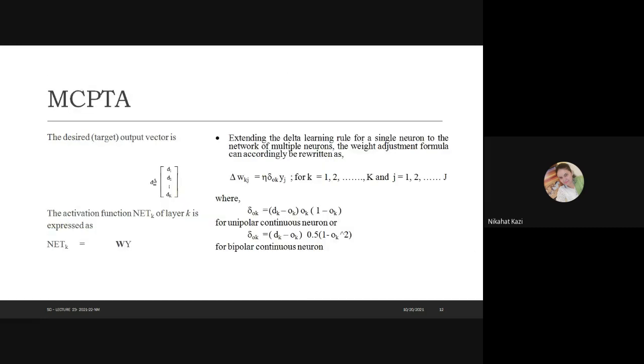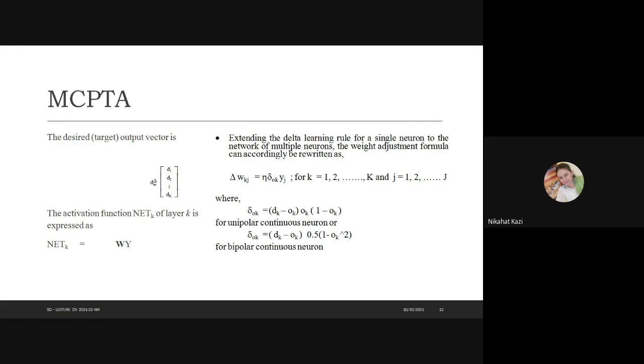Now, what you have is the same delta learning rule. You are extending it to a layer. So you have to use the same equations for updating. Similar to discrete perceptron, you are using the same equations, but now you have to use the continuous perceptron equations, right?